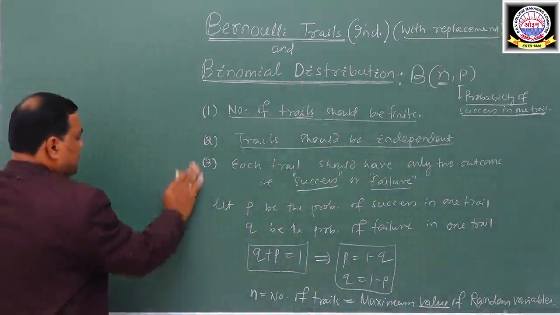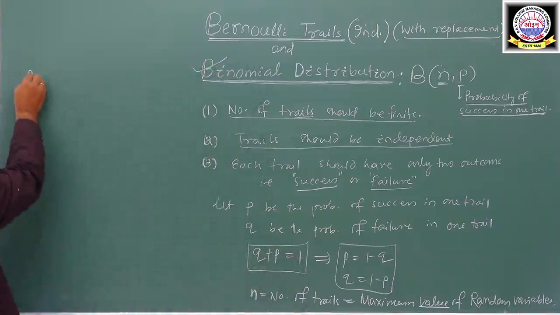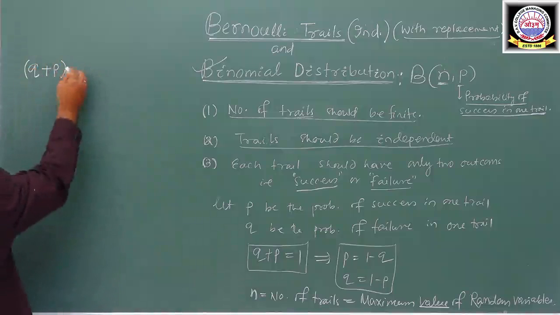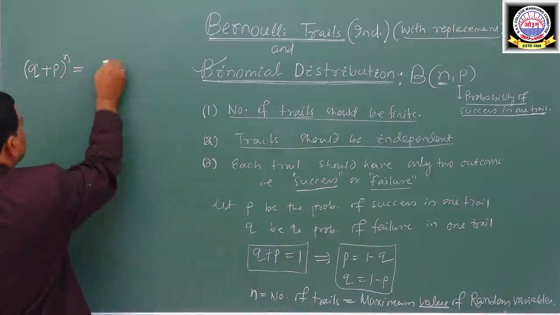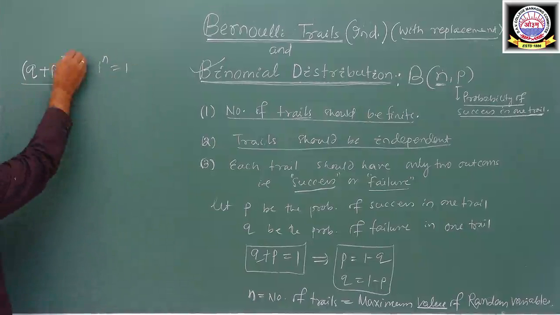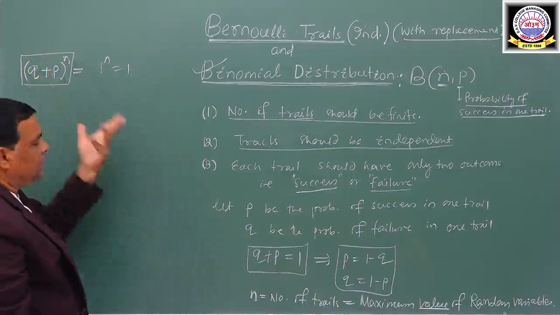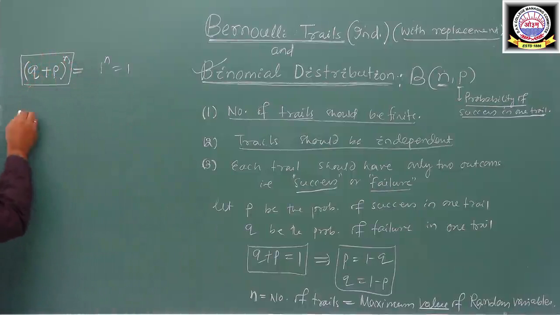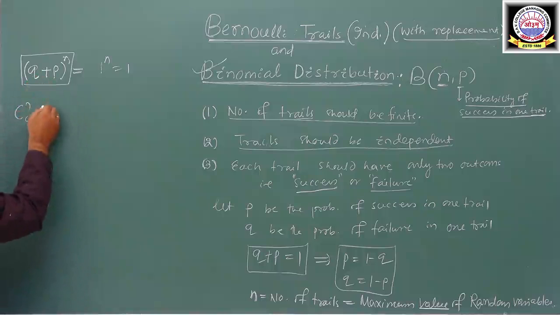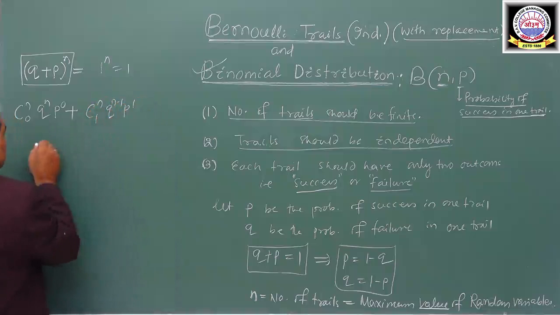Then on this side I am doing its theory, why we call it binomial distribution. Now if I apply binomial to (q plus p) equal to 1, where q is failure and p is success in one trial, applying the nth power, n being the number of trials, it is equal to 1, and 1 to the power n is equal to 1. Now expand it by binomial expansion, n being a natural number or whole number: nC0 q^n p^0 plus nC1 q^(n-1) p^1, and so on.